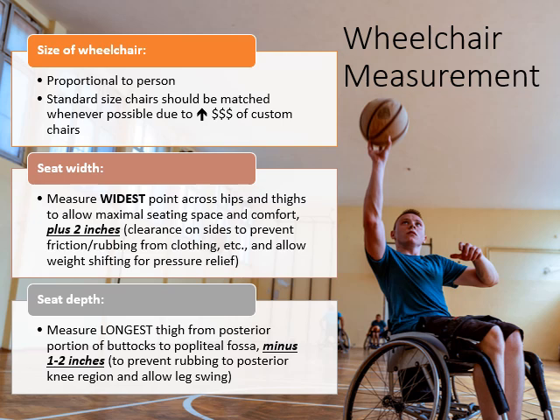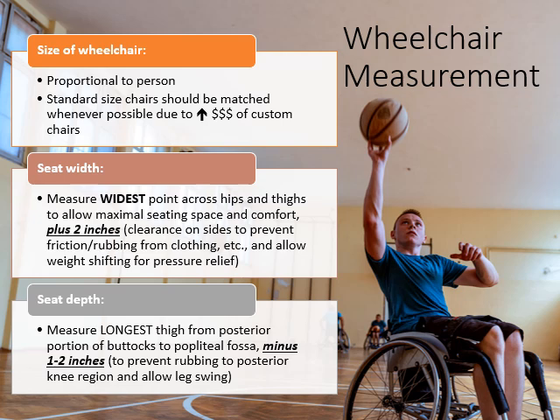The wheelchair size, of course, needs to be proportional to the person. Wherever possible, we want to use a standard size chair because the more we change the size, the more expensive that custom chair is going to be. But regardless, we want to make sure that the wheelchair fits our patient.